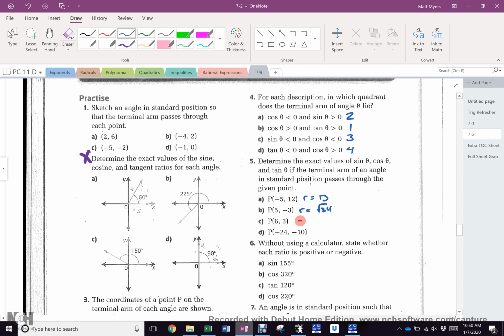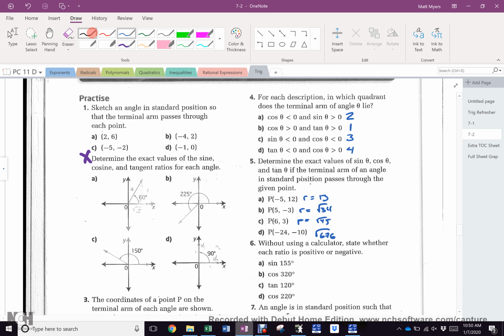The R here is 36 plus 9, root 45. And the R here is 400 plus 196, root 596? I think 24 squared is 576. So it's root 676. Everybody cool? Then you do your work.